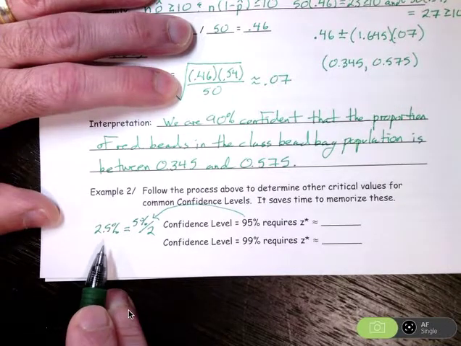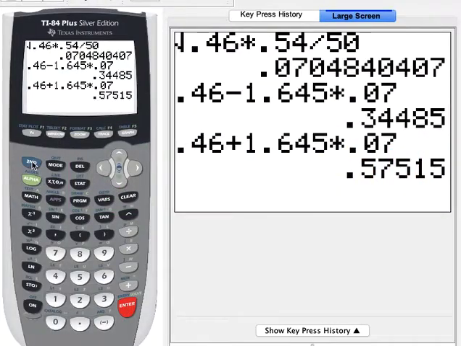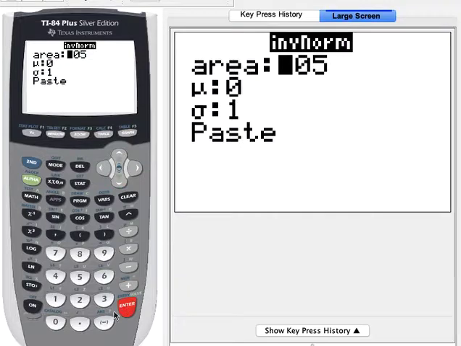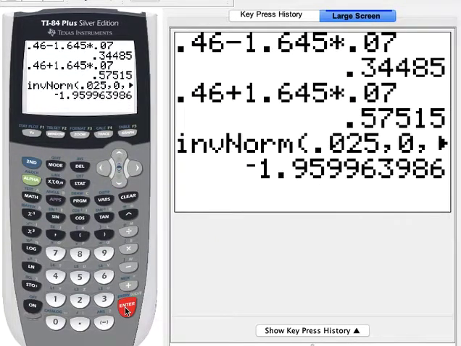That 0.025 is what you want to put into the inverse norm command in order to find the critical value. So the inverse norm command accepts percentiles. So this 0.025 can be considered the lower percentile so that we can find our boundary. So that critical value would be 1.96.